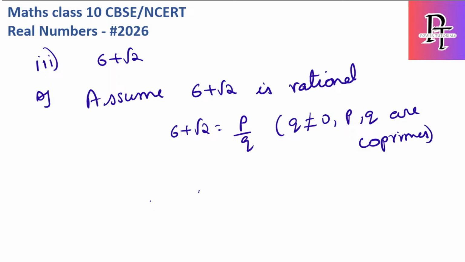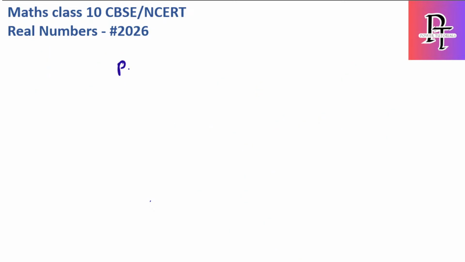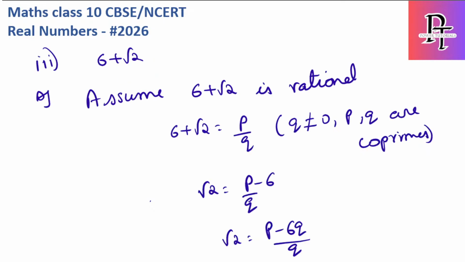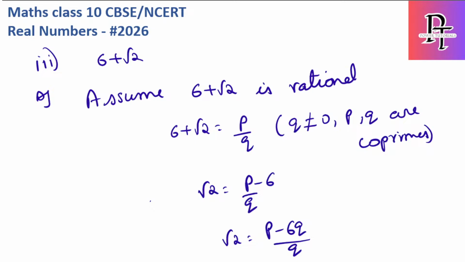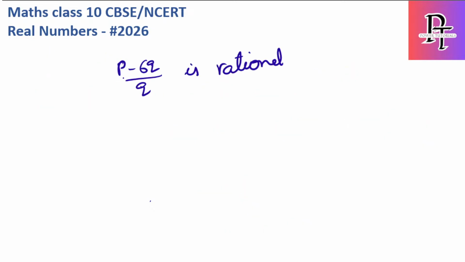Okay, now the next step, root 2 is equal to p by q minus 6. I'll add one more step. Root 2 is equal to p minus 6q by q. Now the last two steps, p minus 6q by q is rational, whereas root 2 is irrational.